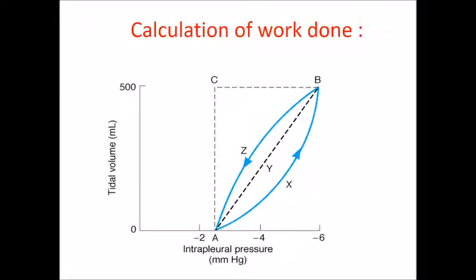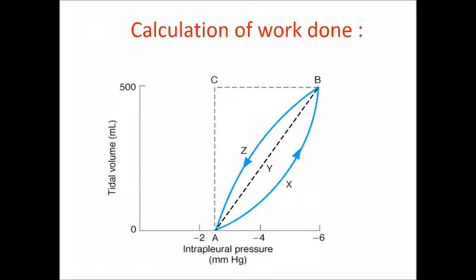So AXB is the line during inspiration and BZA is the line during expiration. Then you can draw an imaginary line between A and B joining with C. So you can see there is a vertical line coming from A to C and a horizontal line coming from B to C.